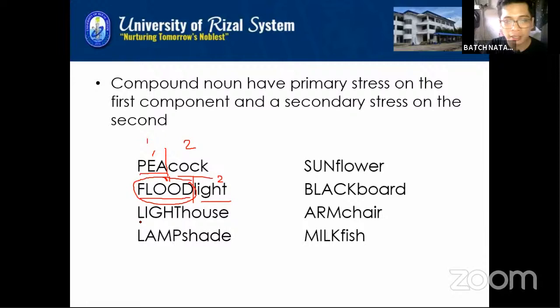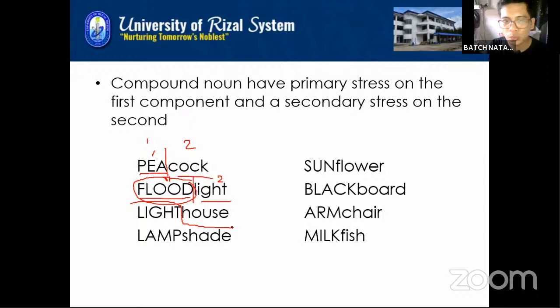Then the third word is lighthouse, lighthouse. So we put the stress on the first syllable and no stress on the second syllable, or sorry, second component.